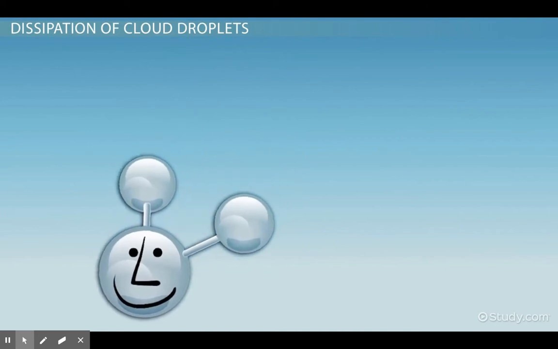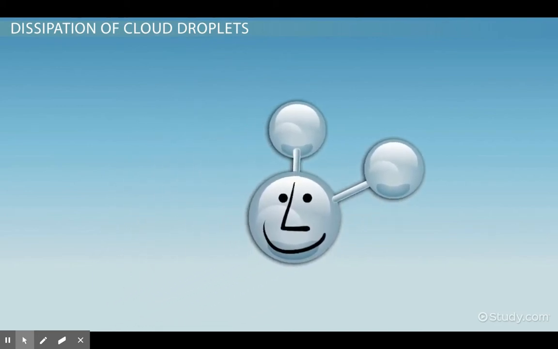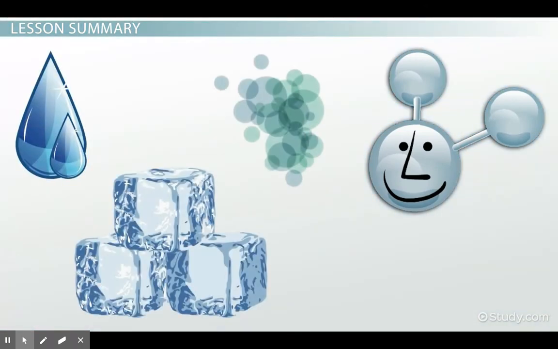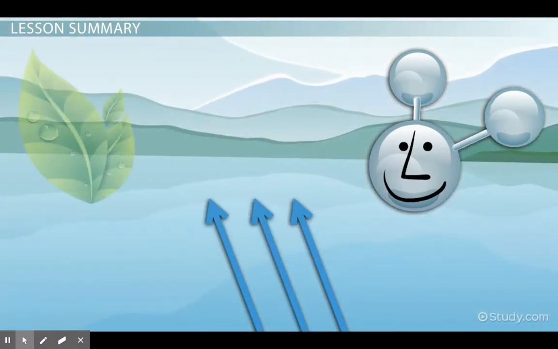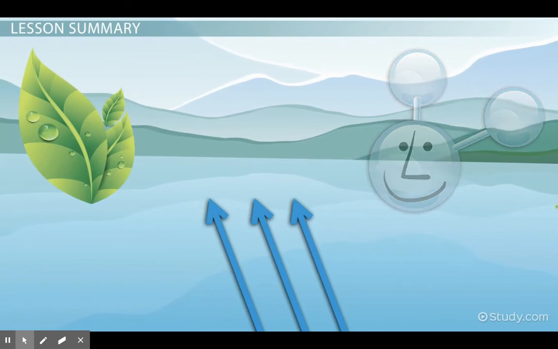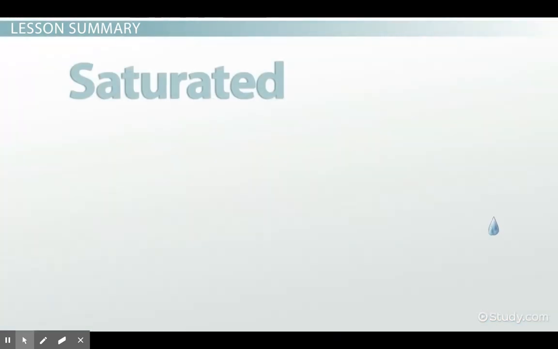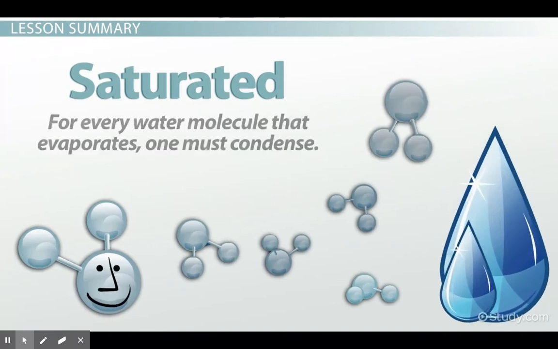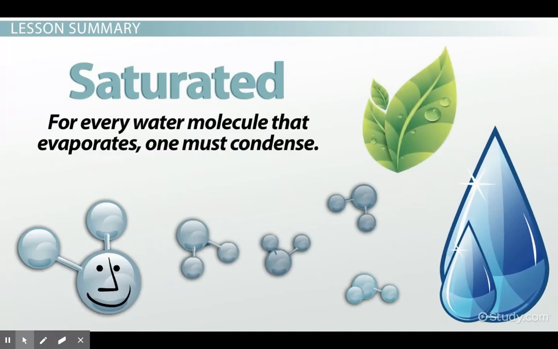Before we go, let's take a moment to review some important parts of our story. Water is continually changing states or forms. In this story, Wally evaporated, condensed, and then evaporated again. When the air can't hold any more water vapor, it is saturated. And for every water molecule that evaporates, one must condense. Water can become saturated in several ways, including evaporation and when air cools.